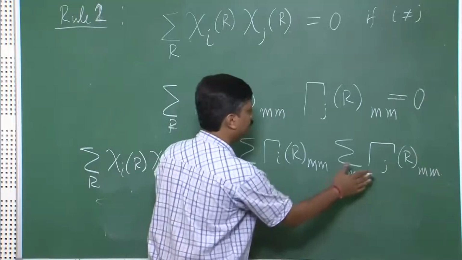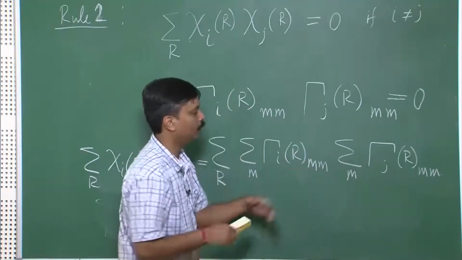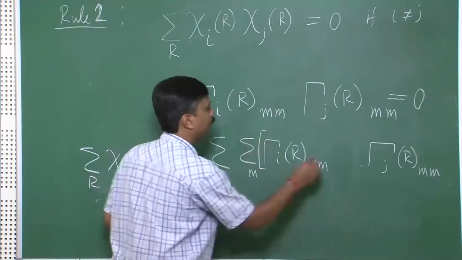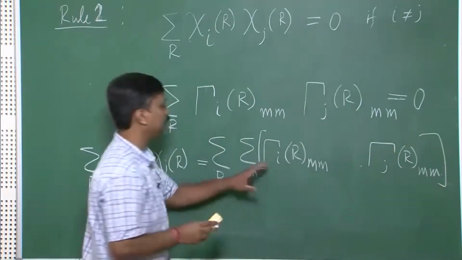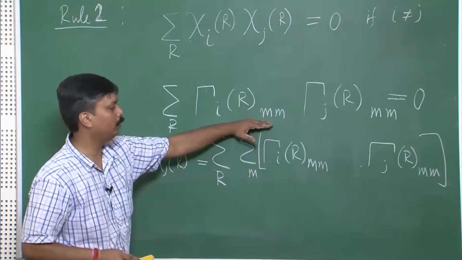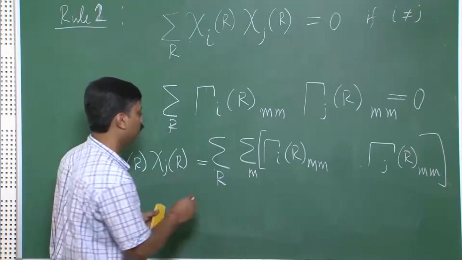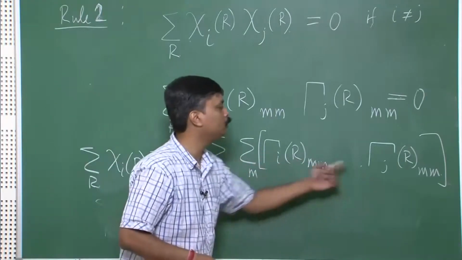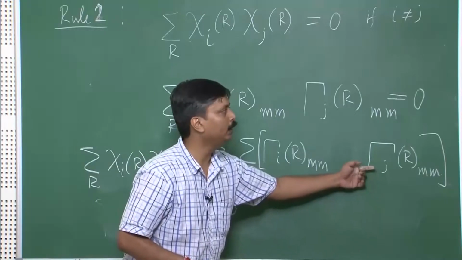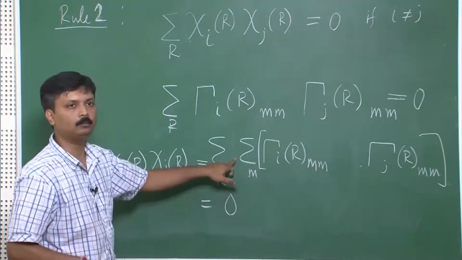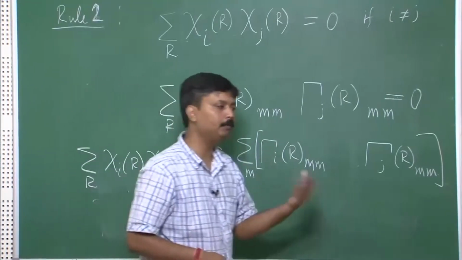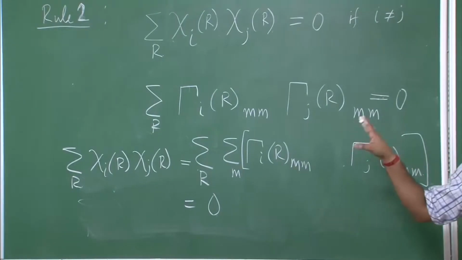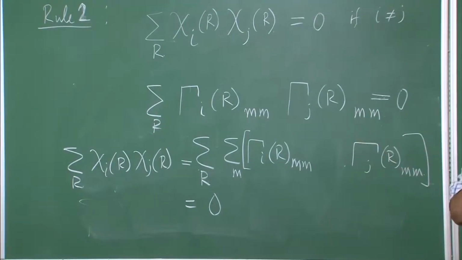Since we are summing over the same m, instead of writing this, I can club it all together. Now, this I have already got as 0, correct. This is exactly written here. So this part is also 0. Only in case I equals j will this be non-zero. In that case, that will give me the value of the square of the length of the vectors, that is the irreducible representations here.